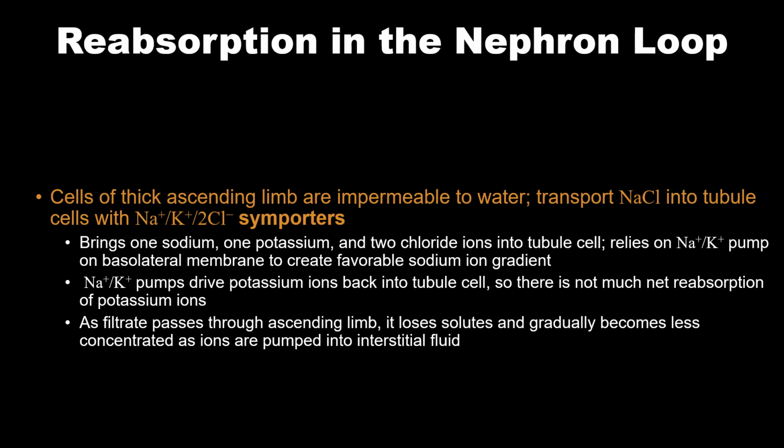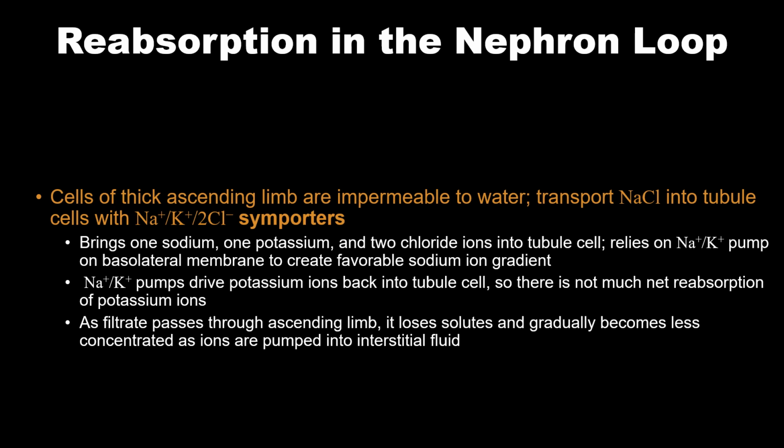So as those basolateral pumps push sodium out, these symporters pull sodium in, but they also manage to pull in potassium and chloride. And if you guys remember, this is also going to push potassium back into the tubule, so there isn't much net reabsorption of potassium in this process.